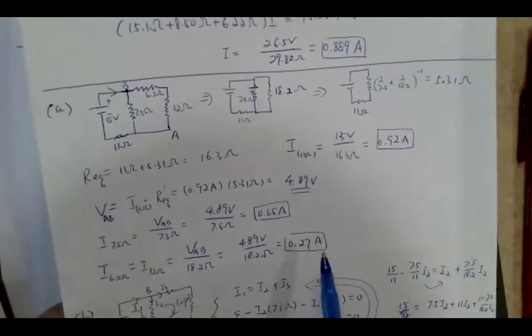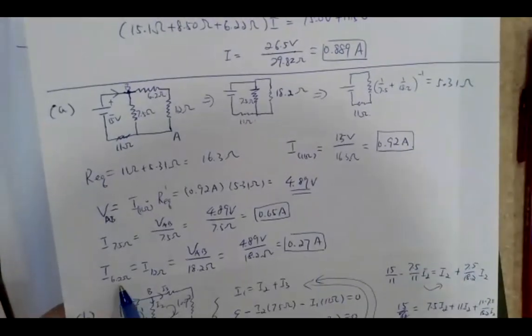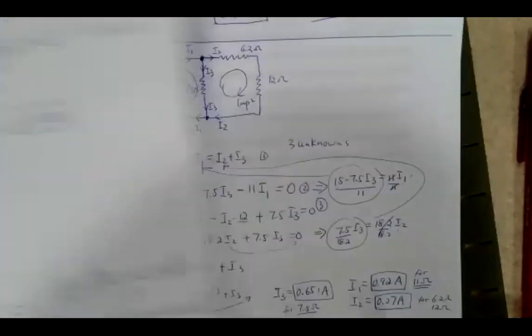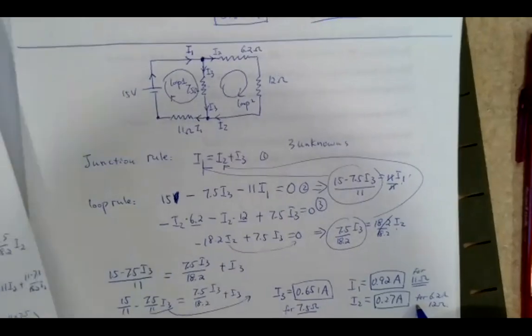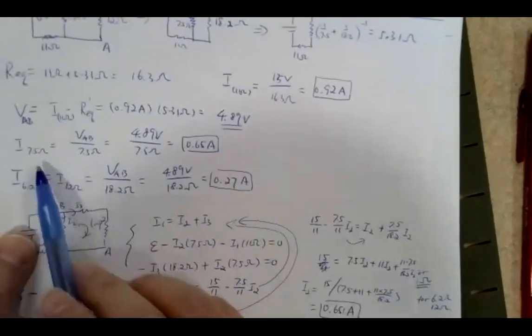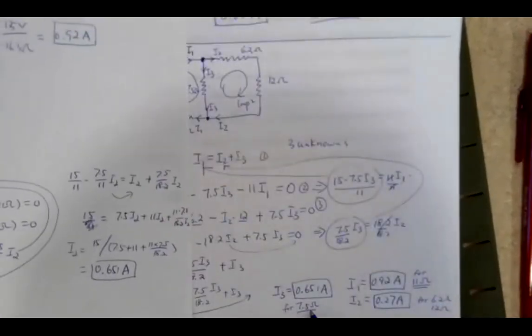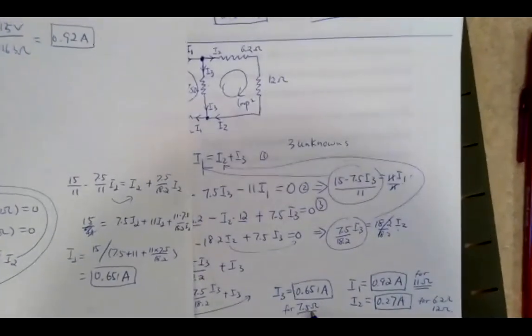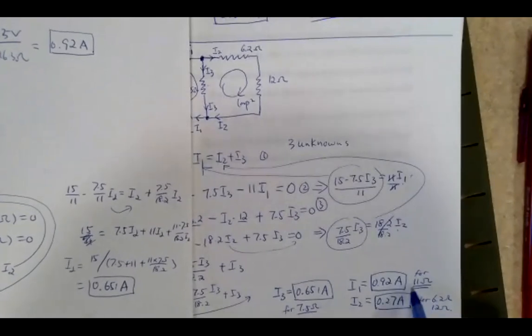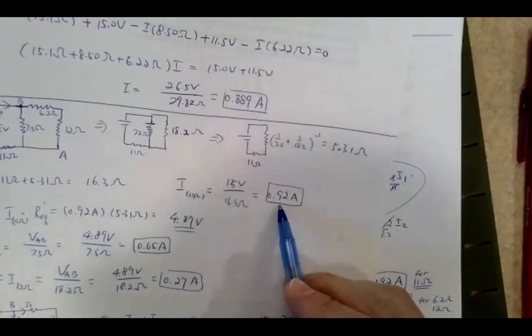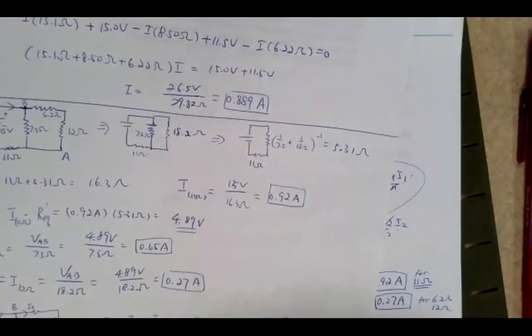We got 0.27 for the 6.2 and 12 ohms, which is this guy. For the 7.5 ohms, it's 0.65, that guy. And for the 11 ohms it's 0.92, this guy. So that's the same answers.